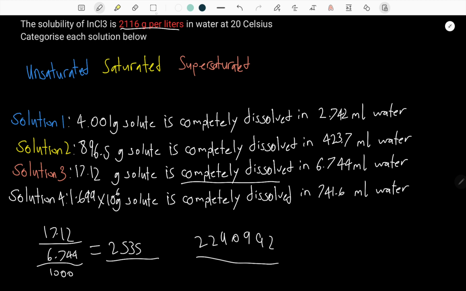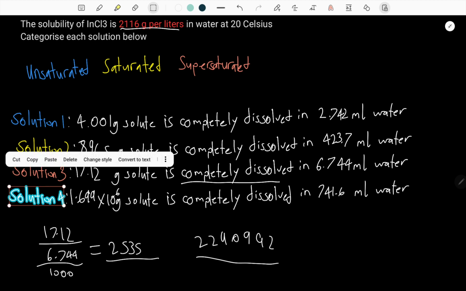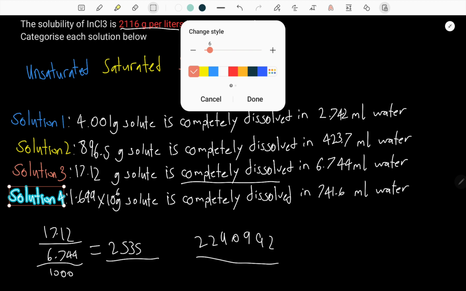So solution 4 has to be supersaturated again, because here also it says that it's completely dissolved, but there should be this much residue, so it has to be supersaturated.